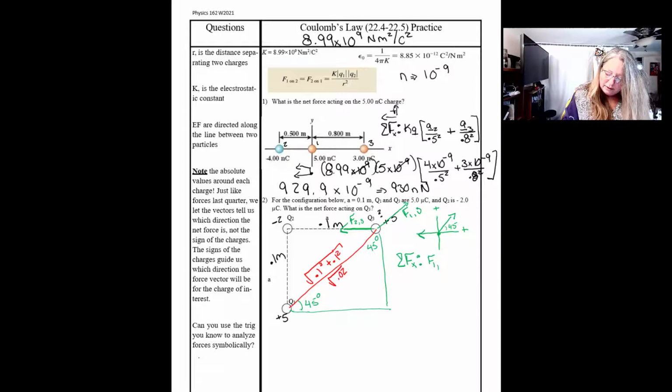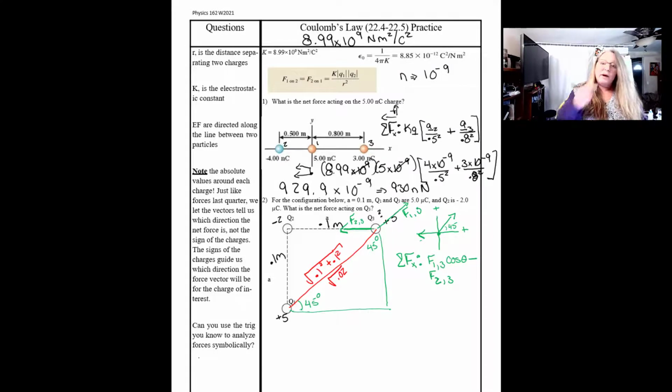So I have force 1 on 3 in the x. So I want the x component of this triangle. It's touching it, so cosine of 45, so cosine theta. Now the other vector is going in the opposite direction, so minus force 2 on 3.